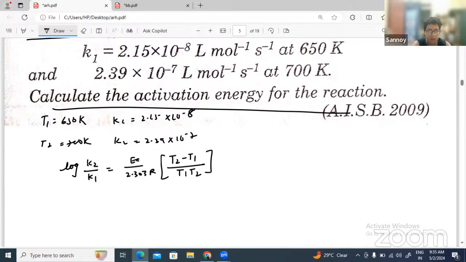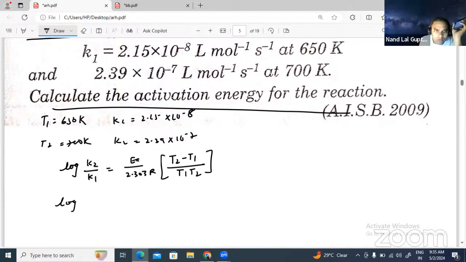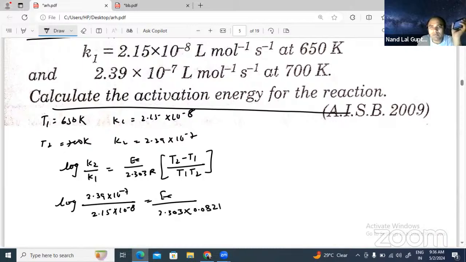Now we put the values: log of 2.39 into 10 power minus 7 divided by 2.15 into 10 power minus 8 equals activation energy upon 2.303 and the R value, 0.0821, because we have to take liters. In liter atm mole inverse Kelvin inverse, it will be 0.0821.